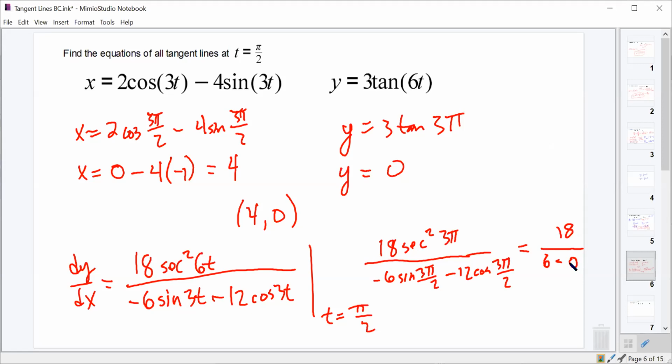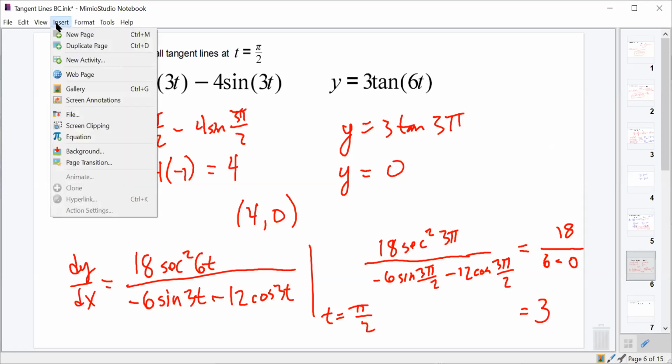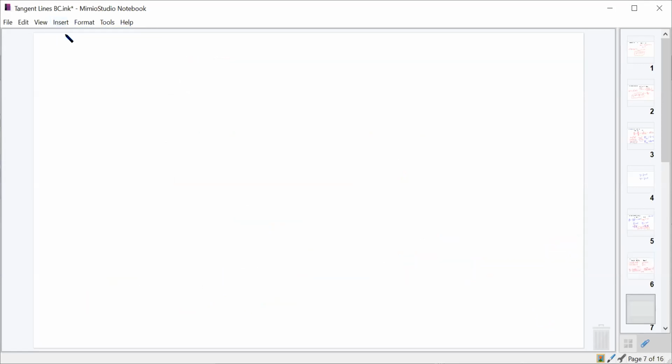So 6 minus 0, which gives us a slope of 3. So what should our equation end up being here? y minus 0 equals 3 times x minus 4. Everybody good with that? Or 3x minus 12 if you want to write it that way.